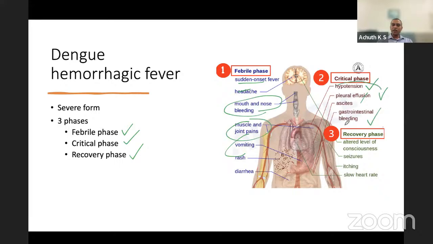These are all critical features. Why? There is a loss of body fluid into the third space in your body, which is very critical, where it can go into organ failure. And we have the third phase, that is recovery phase. There is an altered sensorium in the individual. He might have seizures, itching all over the body, and bradycardia. These are the 3 phases of dengue hemorrhagic fever.